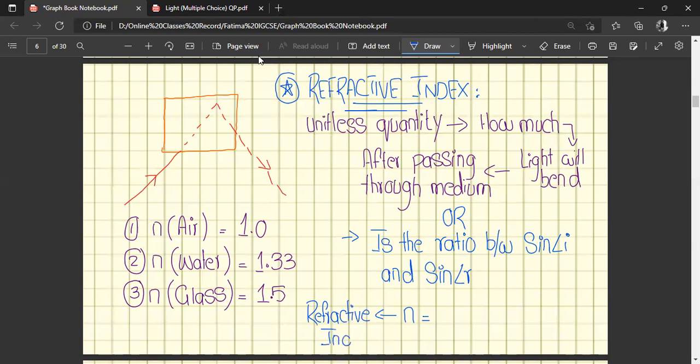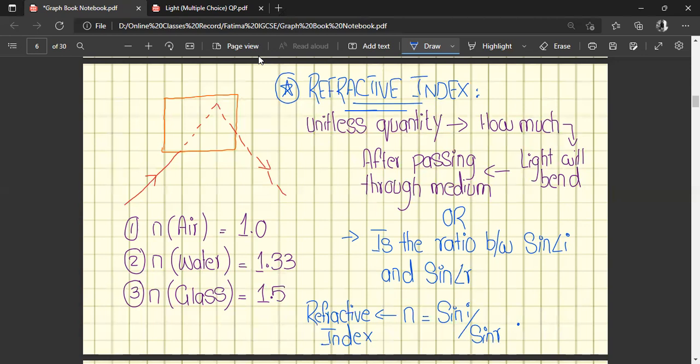In the formula, you can simply write sine of incidence over sine of refraction, because we are discussing the bending of light waves. So the sine of the angle of incidence divided by the sine of the angle of refraction. Then we can easily calculate the refractive index of any material.